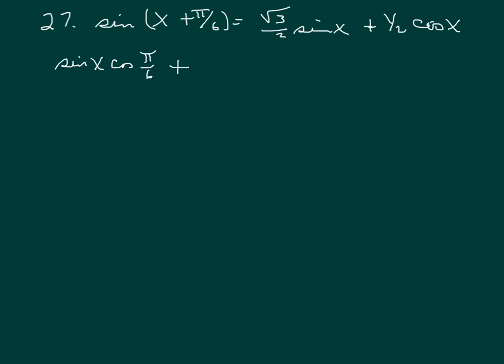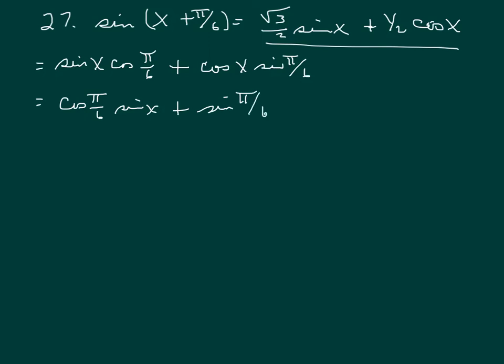We keep the same sign, but we reverse sine and cosine. And this is the left-hand side. So let's put the cosine pi over 6 in front of sine x so it looks like the right-hand side over here.